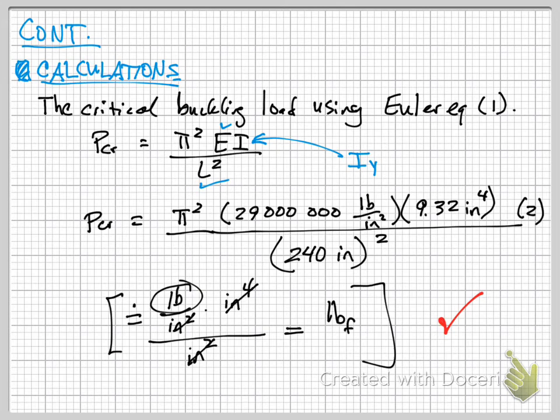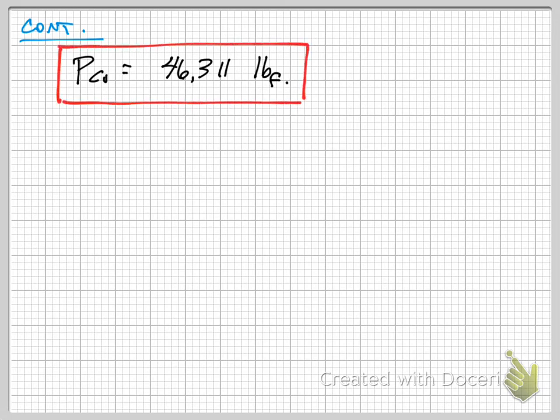Okay, let's go ahead and write out what the next step is. I'll continue my work over here, and I'm going to calculate all that out. I got P critical to equal 46,311 pound force. That is my answer for the buckling load.